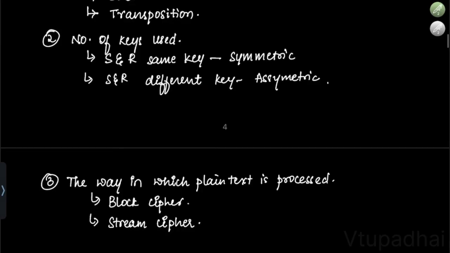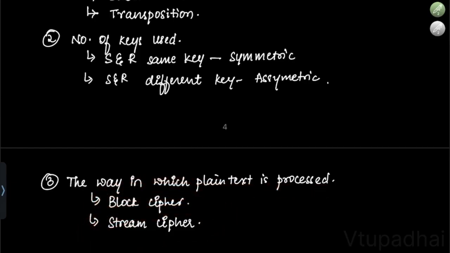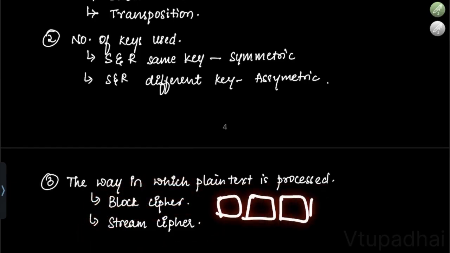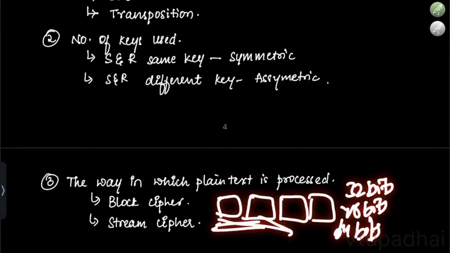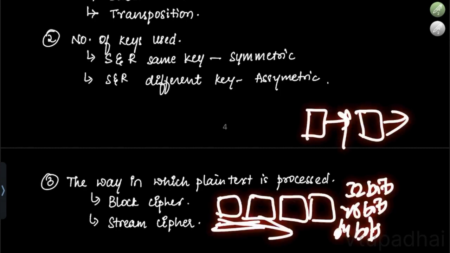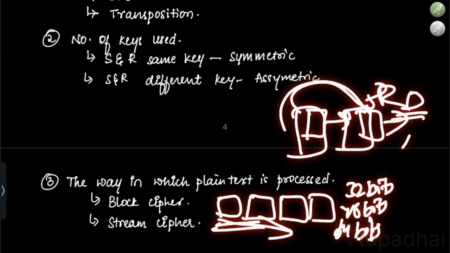Next we have the way in which plain text is processed. Plain text can be processed in two ways: block cipher or stream cipher. In a block cipher, the entire text is divided into different blocks. These blocks could be of 32 bits, 48 bits, 64 bits, which are used to transfer the data. Each block is transferred at once, and once the block reaches the receiver, he decrypts it and gets the message.